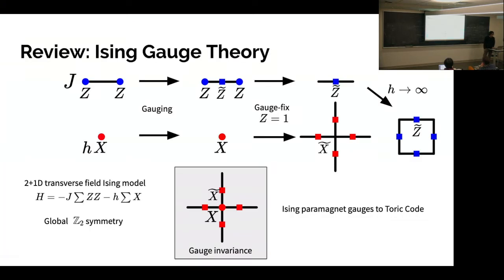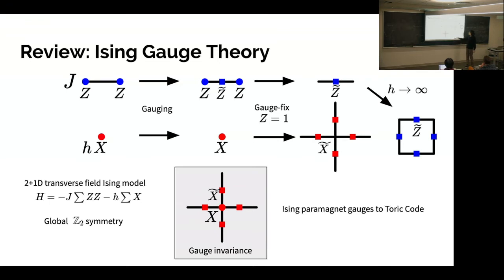So let me go over this duality transformation real quick. Probably don't need to do this, but let me just review how this gauging duality works in 2D. If you start off with a 2D transverse Ising model, you have your Ising coupling, you have your transverse field, and it has a global Z2 symmetry that involves acting with X on every site.